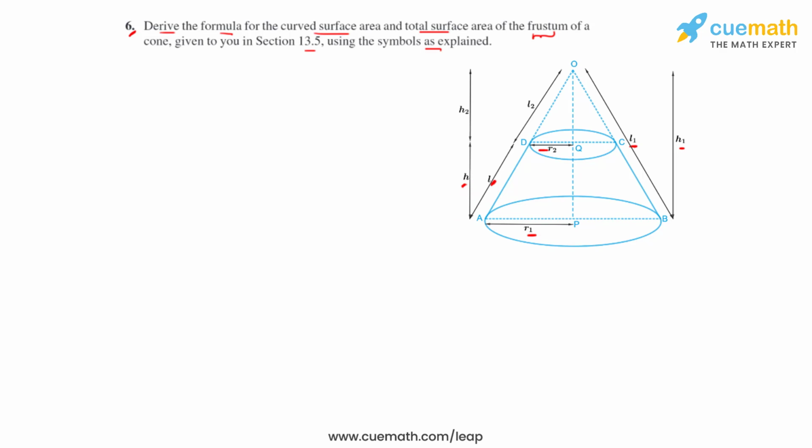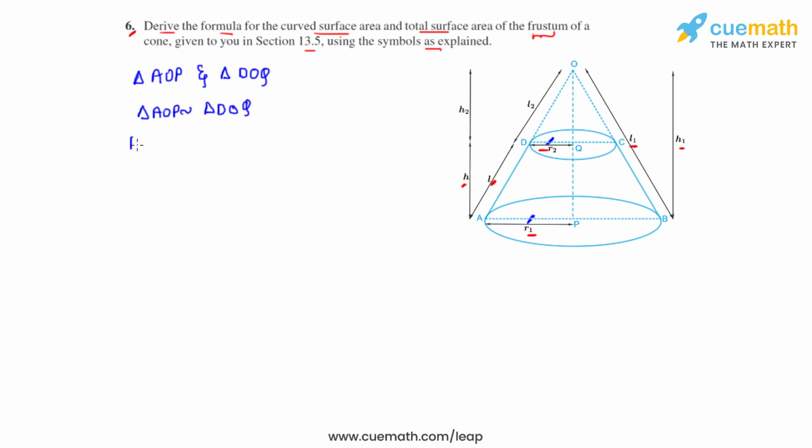Now, if we focus on the triangles AOP and DOQ, we know that DQ is parallel to AP, so these two triangles, triangle AOP and triangle DOQ, are similar. As these two triangles are similar, the sides will be proportionate to each other.